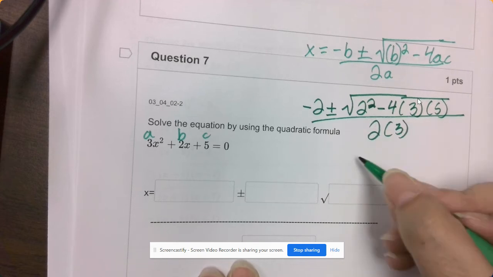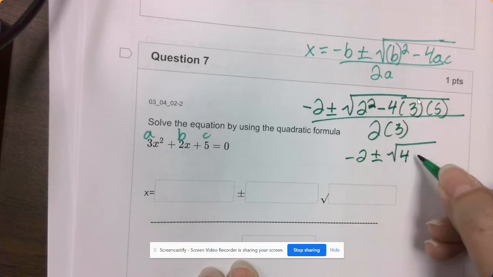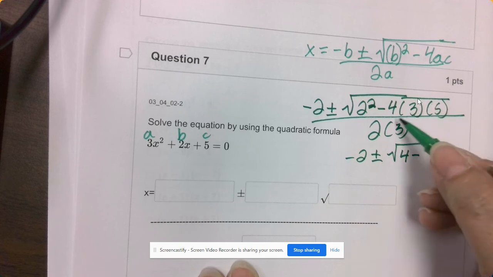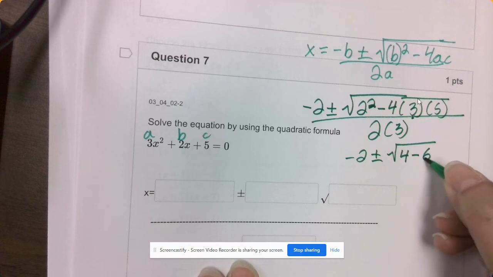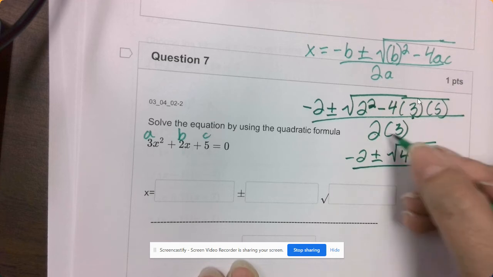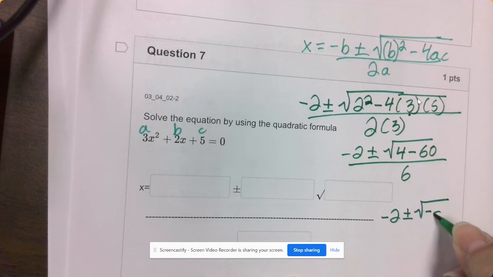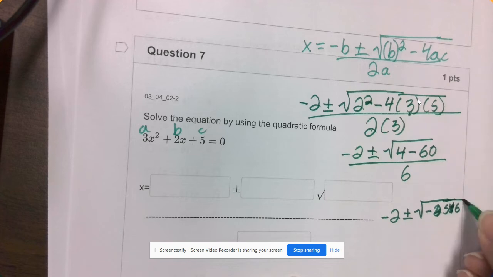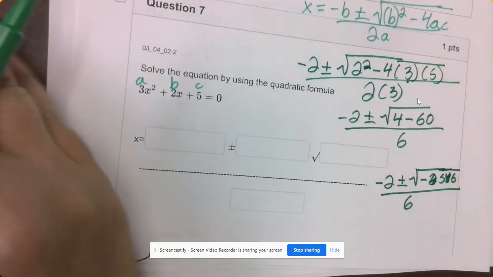So we're going to get negative 2 plus or minus square root of 4 minus, okay, so 4 times 3 is 12. 12 times 5 is going to give us 60. 2 times 3 is going to give us 6. So we're going to get negative 56 all over 6. Okay, so for this one, we're going to need to simplify it.